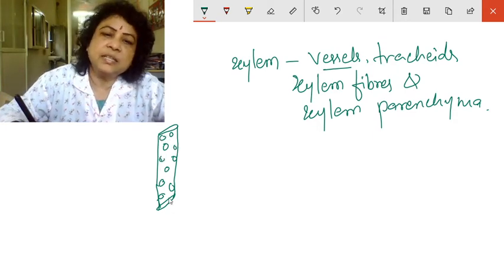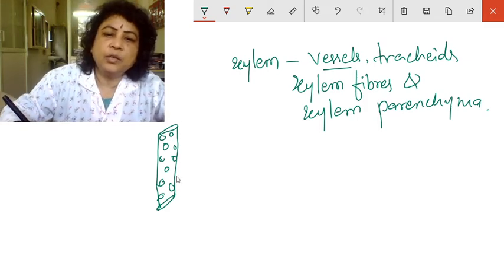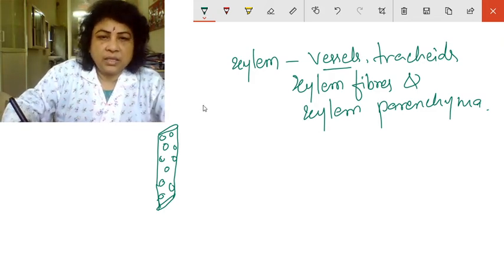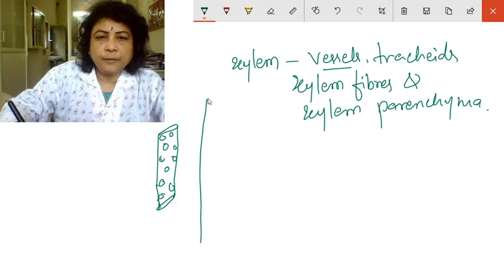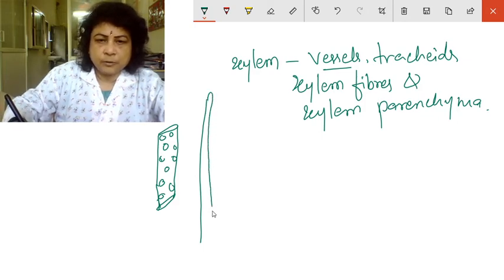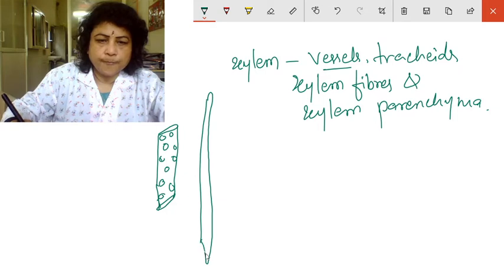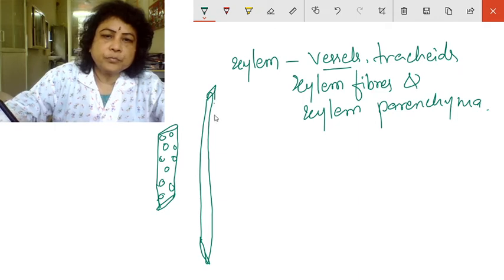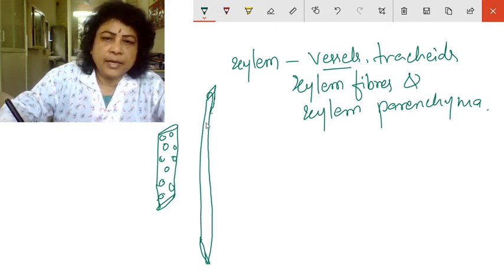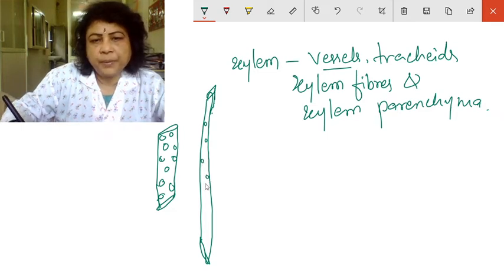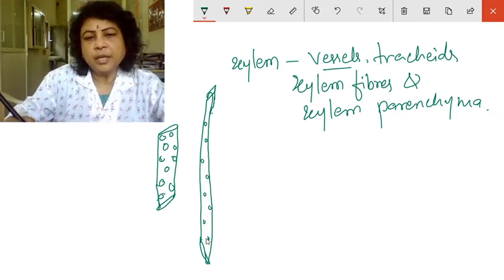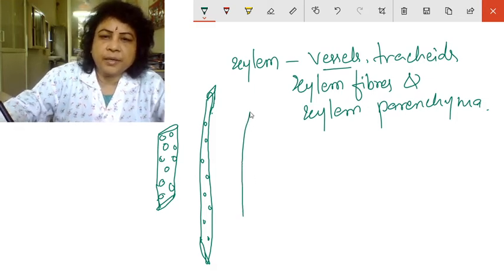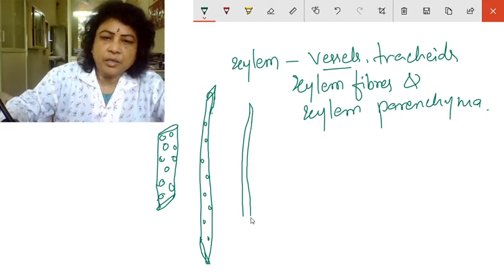These are tube-like structures with open ends and perforated walls. Then the tracheids are long, elongated tube-like structures on which pits are also present. And the fibers are elongated and tapering sclerenchymatous tissue.